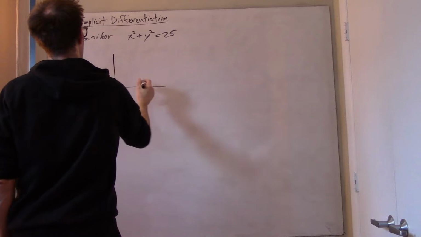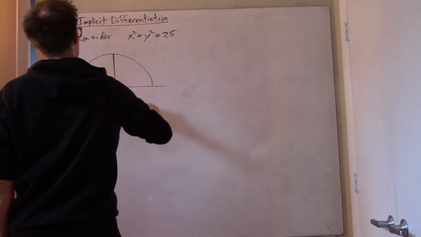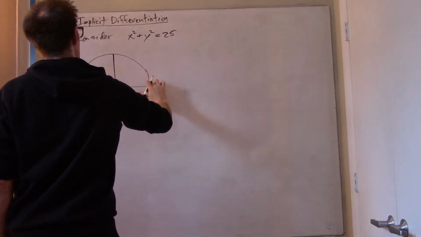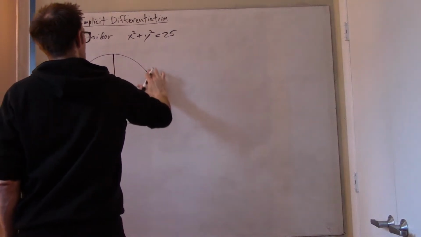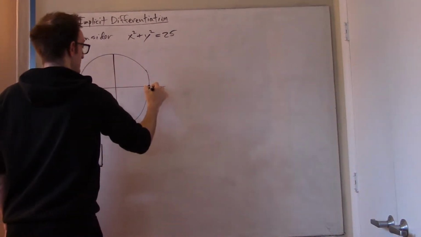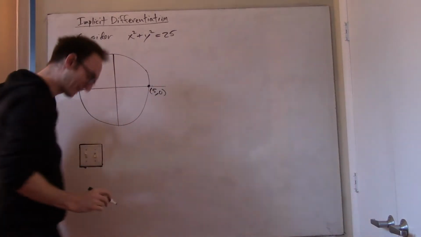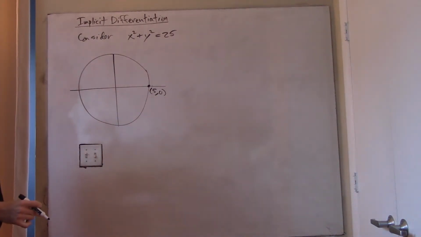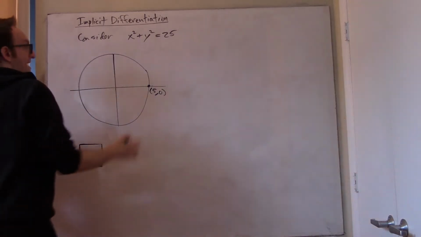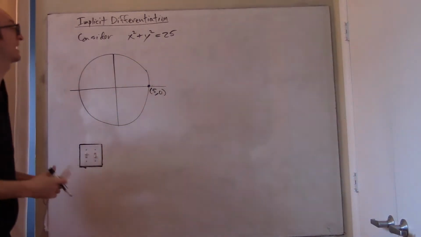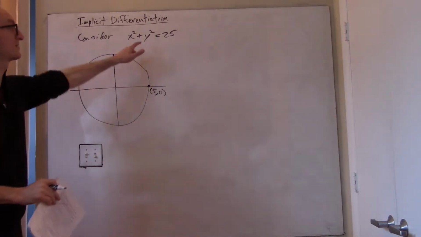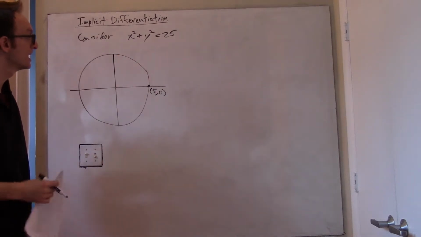All right, so maybe it doesn't make any sense to reteach the equation of a circle, so I guess I won't. But pretty bad circle too. So if that's 5, 0, then this circle has radius 5. And any point whatsoever, x, y, on this circle will satisfy this equation because of the Pythagorean theorem.